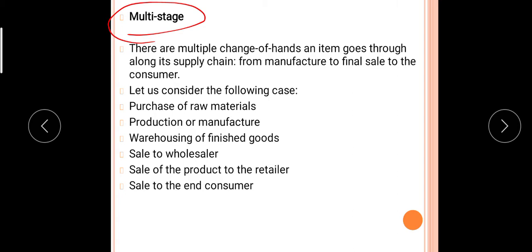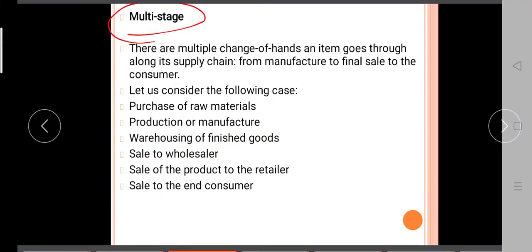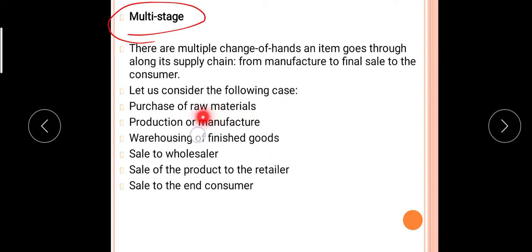Let us consider the following: purchase of raw material, production and manufacture. Firstly they purchase the raw material, and on the raw material they produce a product in the manufacturer. Then warehousing of the finished goods. Then sale to the wholesaler, after the goods are ready.